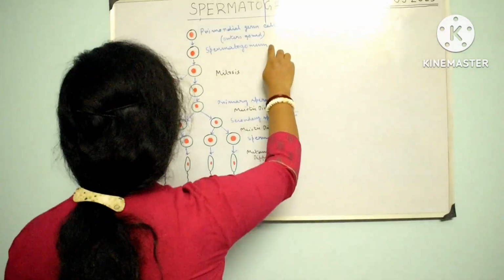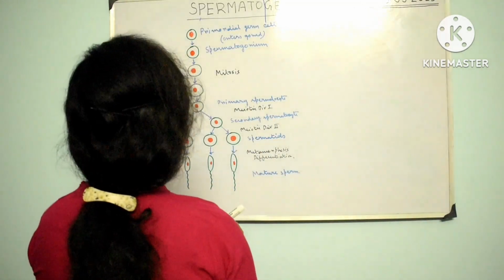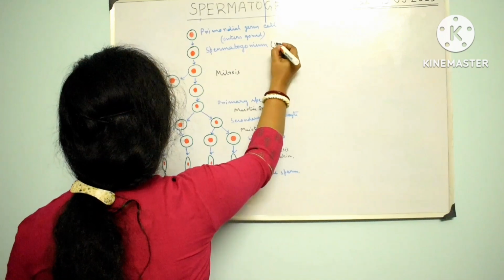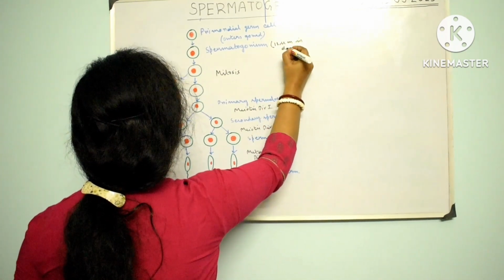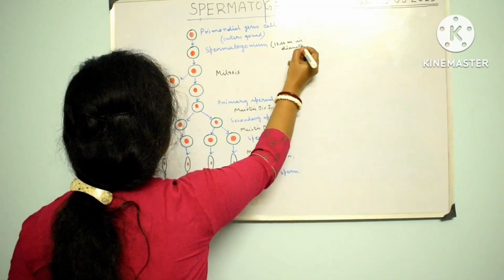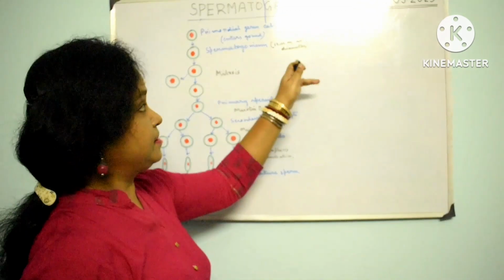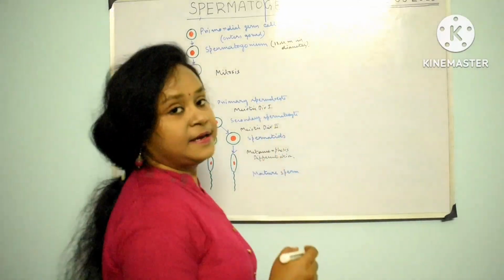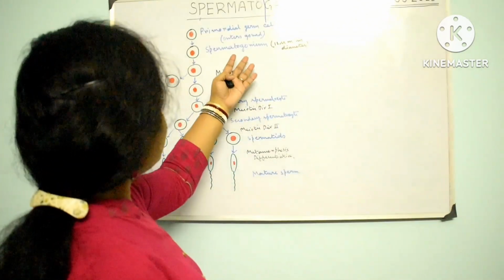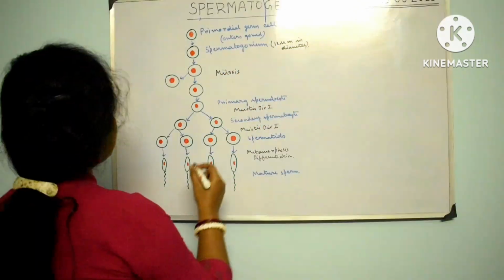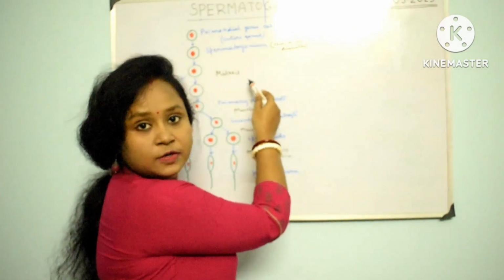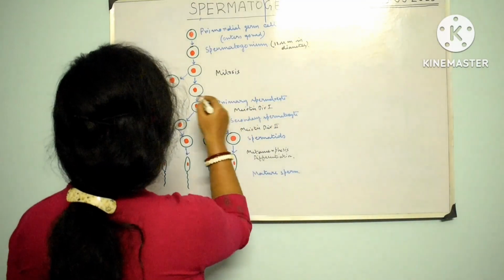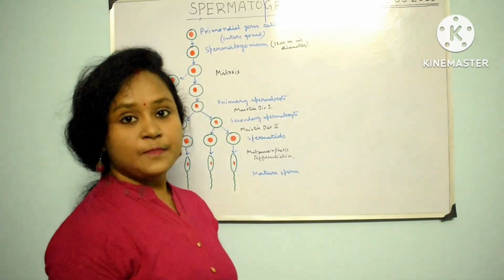These spermatogonial cells are about 12 micrometer in diameter. At the time of puberty, these spermatogonium cells divide several times by mitosis to produce a large number of spermatogonia.